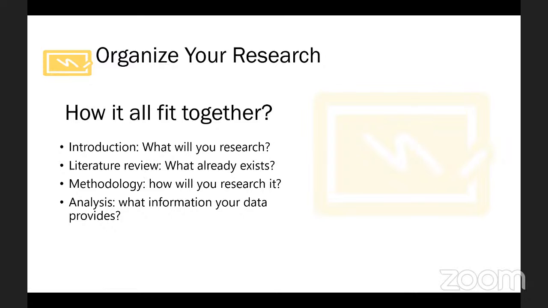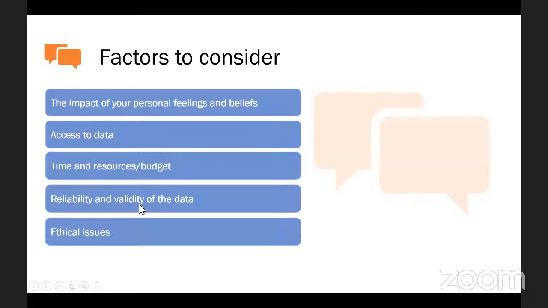So you can also target the journal where you are going to submit your article and see what the format of the research article there is. But usually, if you are writing any research article, you can follow this sequence to illustrate your whole research in a single research article.